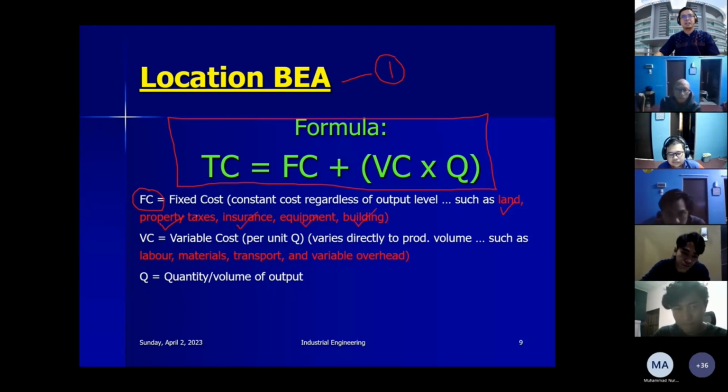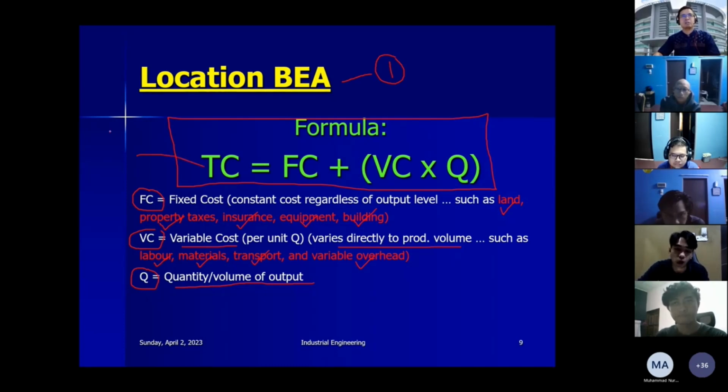Meanwhile, VC stands for the variable cost per unit. It varies directly with the production volume, such as labor, materials, transports, and variable overheads. Meanwhile, Q is the quantity or volume of the output. So this is the formula to calculate the total cost.